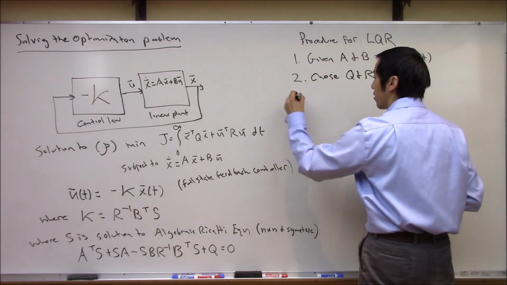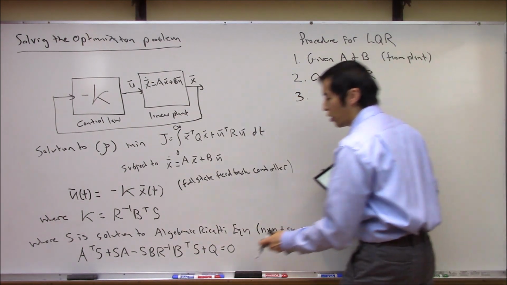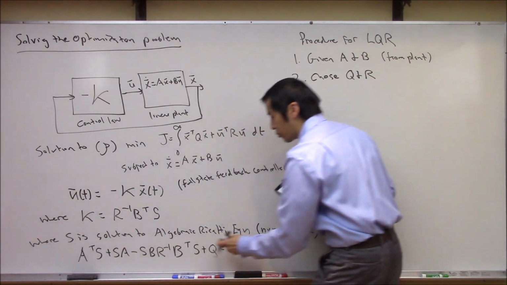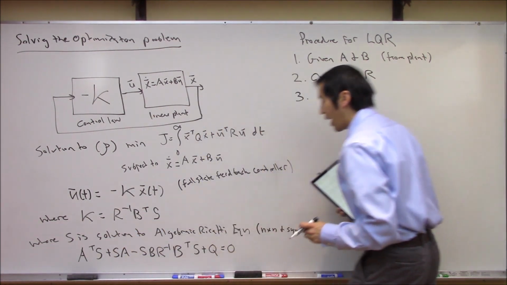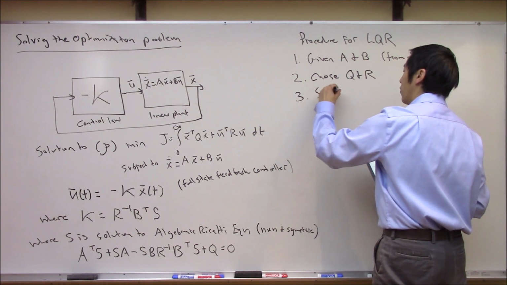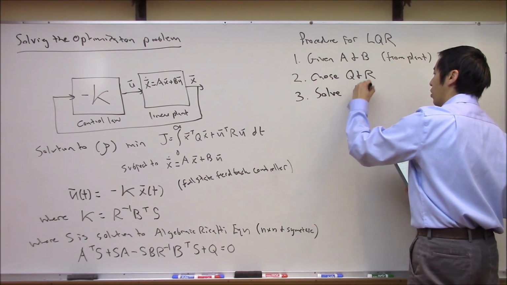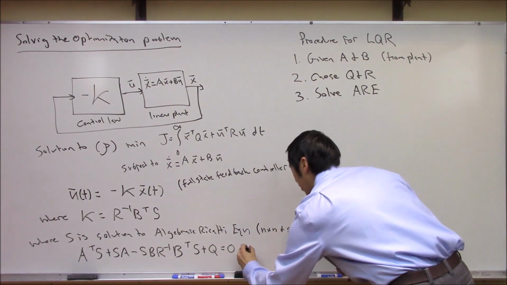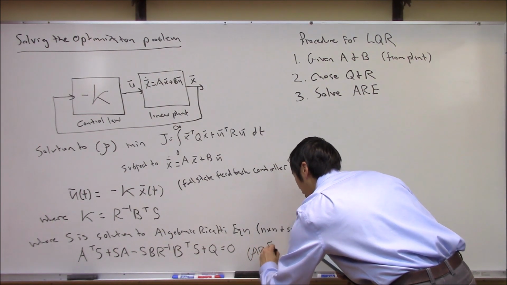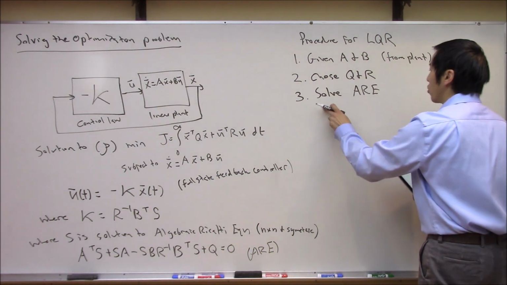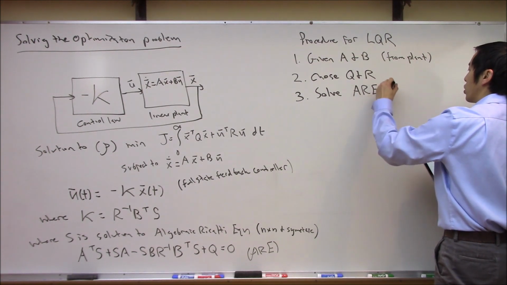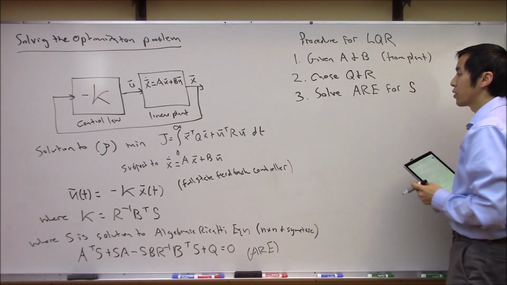Step three: once I have Q and R, I need to solve the algebraic Riccati equation for S. I'm just going to abbreviate this as ARE. This down here is the algebraic Riccati equation. So you solve the ARE for S.